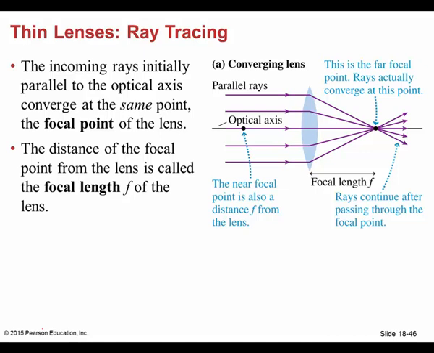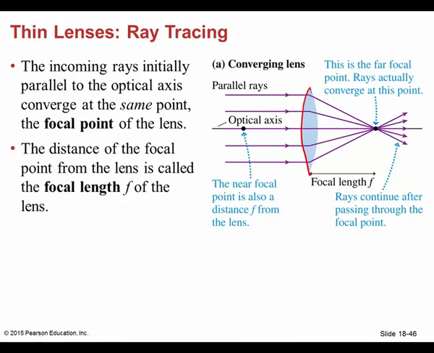It all depends on what we call the radius of curvature of the lens as to where the focal point will be, and of course the distance from the lens.